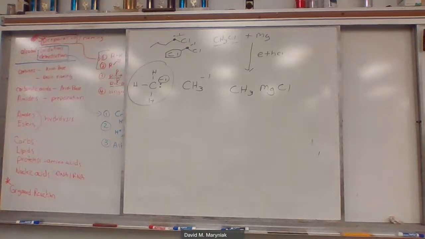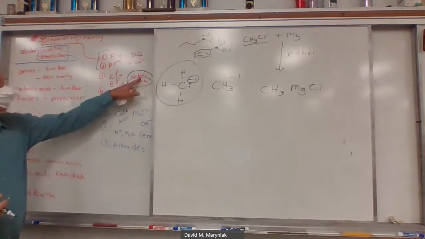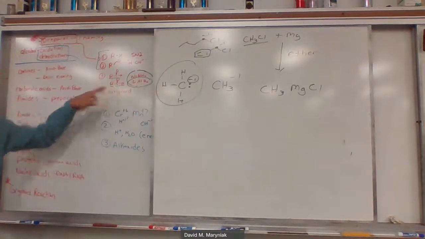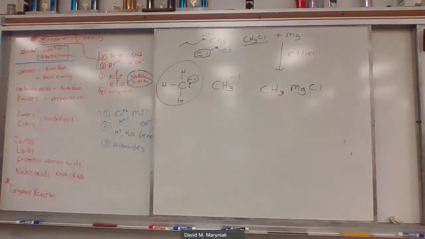All right, and what do we get if we reduce an aldehyde or ketone? An alcohol. The reason we study that right before the Grignard is because there's an analogy coming. What can you add Grignard reagents to?